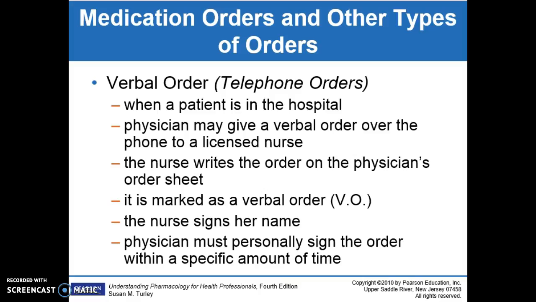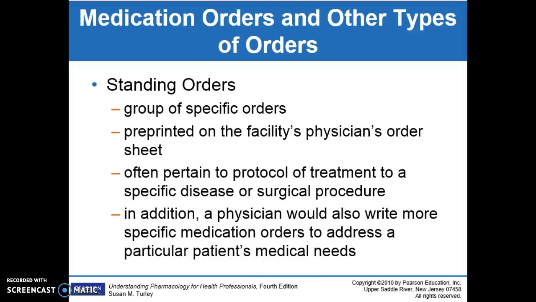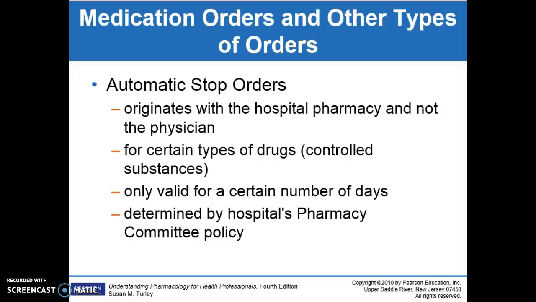A lot of times those medication orders are given verbally, and if it is a verbal order, it will be noted as such on the actual order. They might have a standing order. A standing order is something that they're going to have always for this particular patient or in this particular circumstance. Automatic stop orders are specific to certain types of drugs.